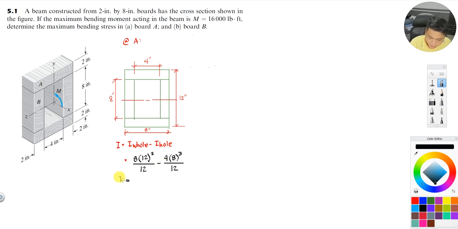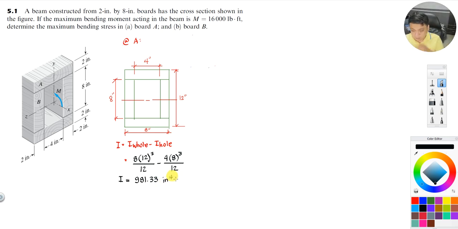So I have now the I equal to 8 times 12 cubed all over 12 minus 4 times 8 cubed all over 12. So you can have it as 981.33. Again, that is inches to the fourth.